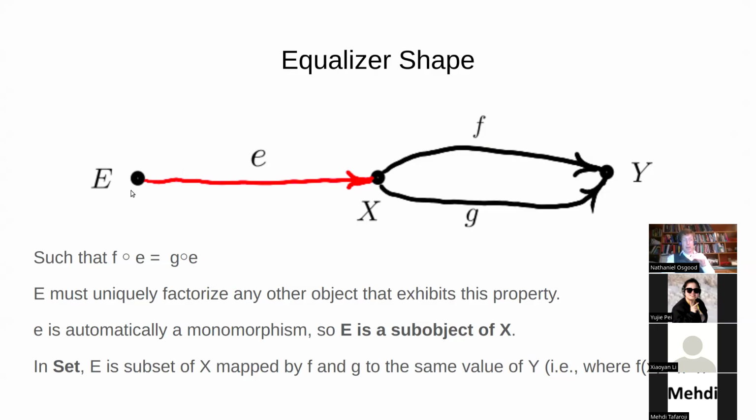E is a sub-object of this. E is a subgraph of this. So this graph, and this is maybe a subgraph, right? That's going to be the subgraph.